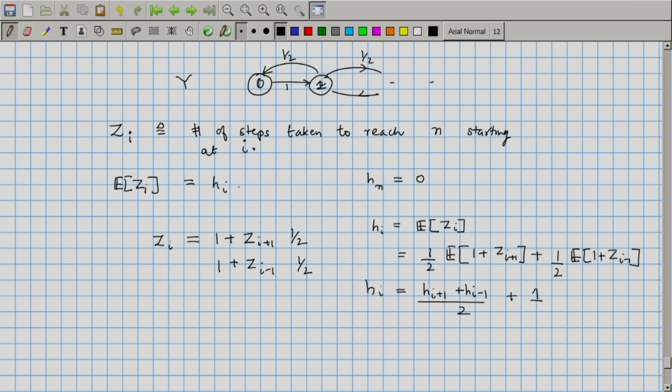Okay. So, this is the recurrence that we can write, and H0 is certainly going to be 1 plus H1, because if you are at state 0 you straight away go to state 1. So, these are the recurrences. Now, we need to solve these recurrences and evaluate H0.